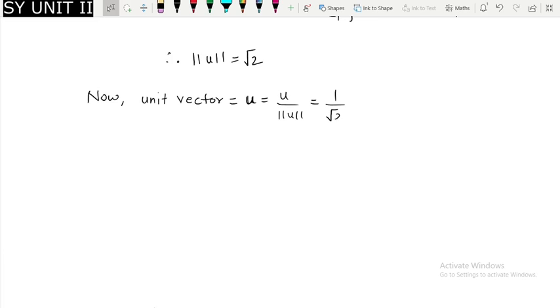upon root 2. And we have our orthogonal projection: the orthogonal projection of v on u is equal to the inner product of v with u, and outside it is u.